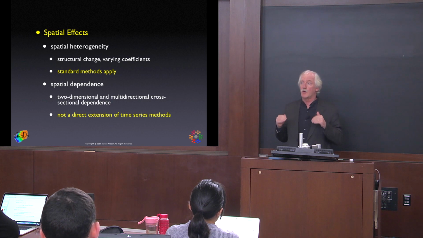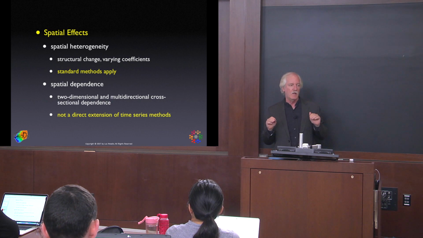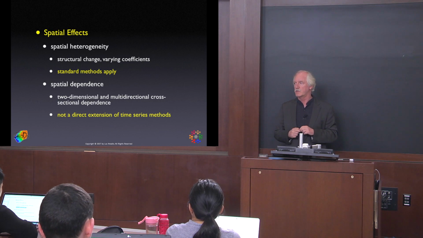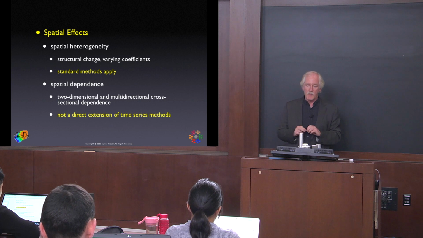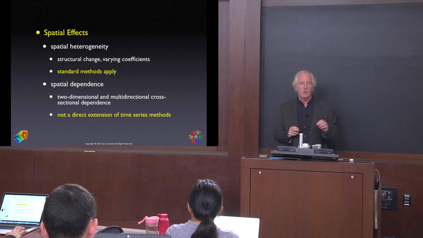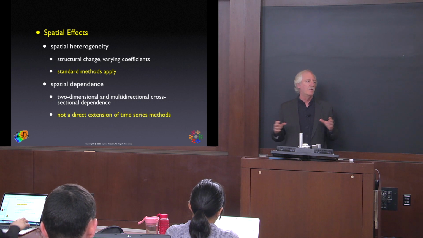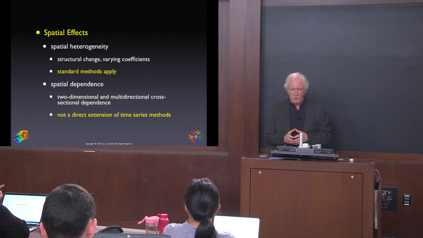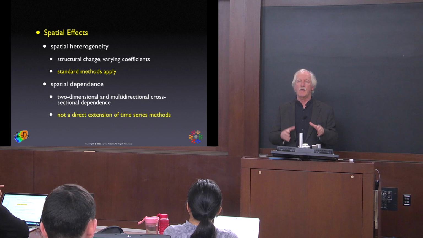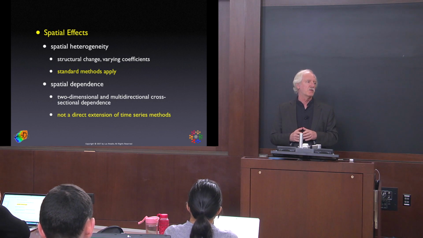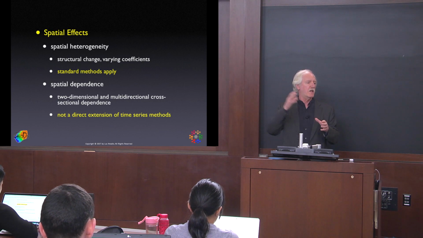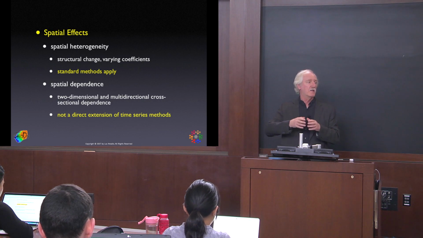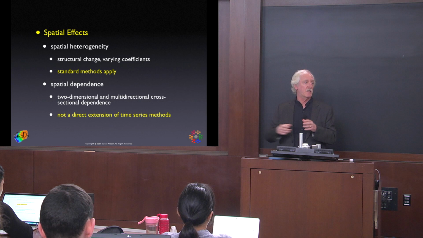Spatial dependence is a totally different story. So as I already mentioned the other day, it is not time series in 2 dimensions. It is two-dimensional, but it's also multi-directional. And the key concept there, and I'll mention this several times, is I am my neighbor's neighbor. So if I influence my neighbor and my neighbor influences me, then in some sense I'm influencing myself.